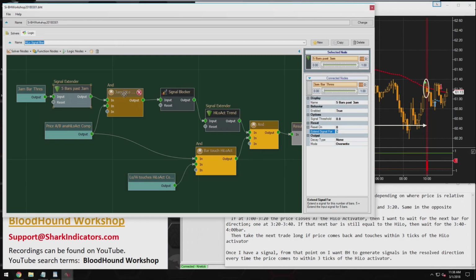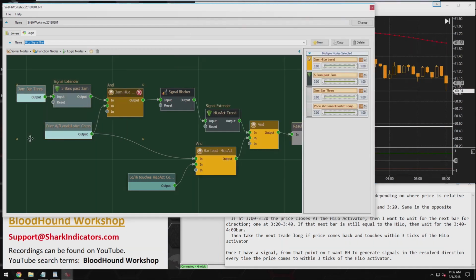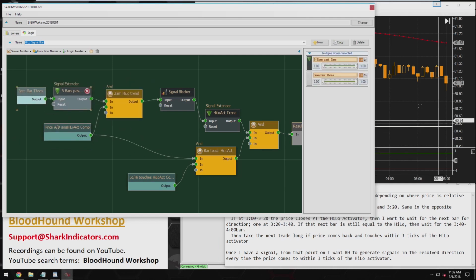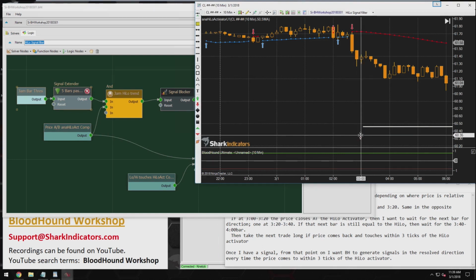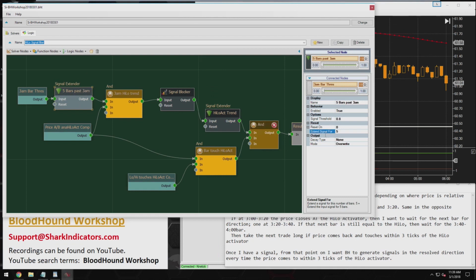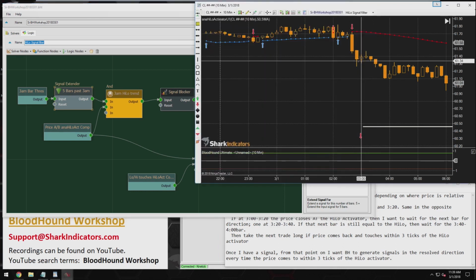So again, more specifically, this logic here is what's identifying this 3 a.m. bar, and then, if price sits on the high-low activator for many, many bars, adjusting this signal extender, increasing it from 5 bars to however many bars the market may need before price moves off of the high-low indicator.